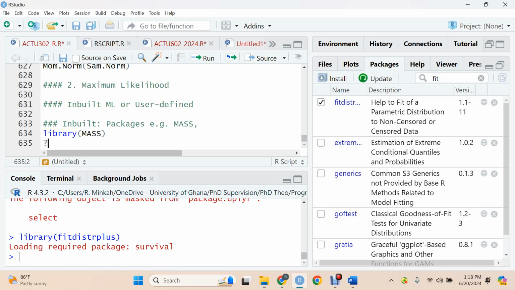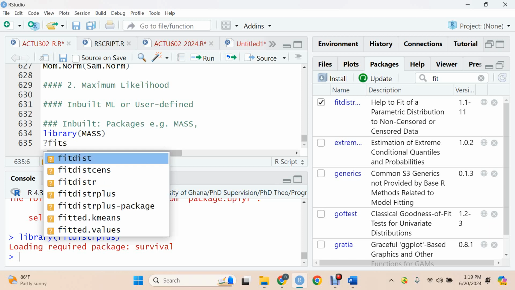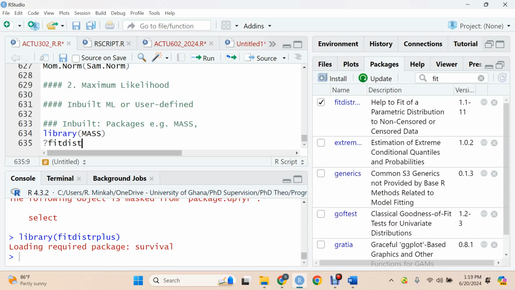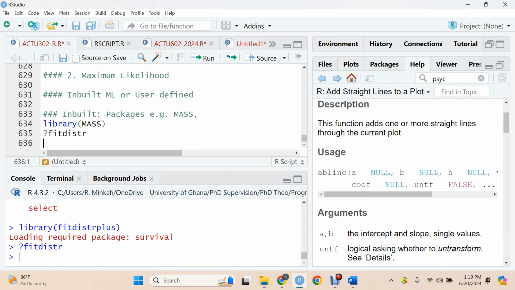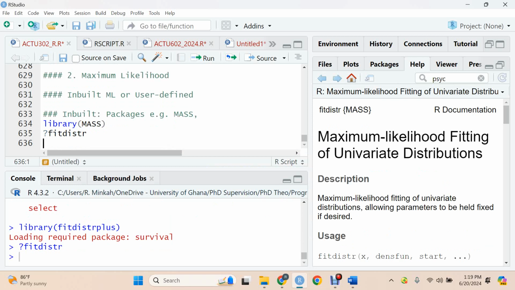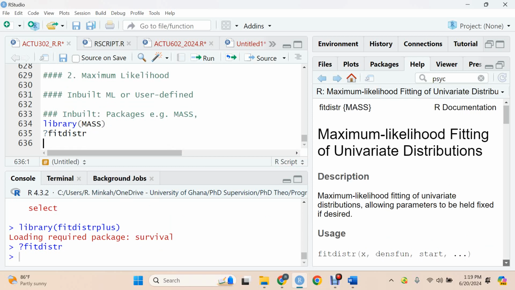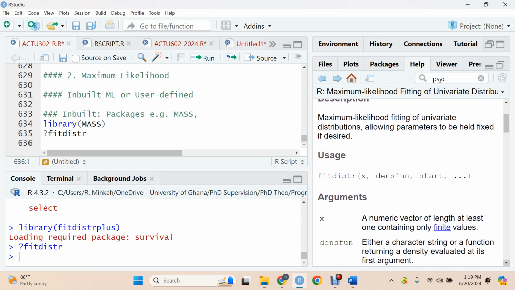But if you need an additional one, let me go to this one and show you so that you actually understand what I'm saying. So the fitdistr. Okay. So it says maximum likelihood fitting of all univariate distributions.